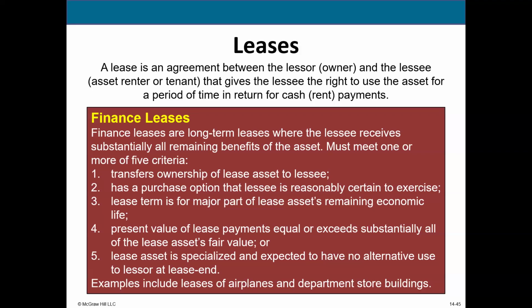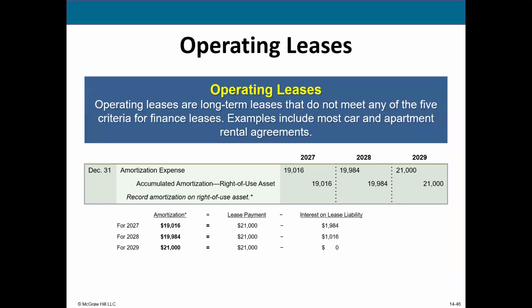The other type of lease is called an operating lease, which in simple terms means that there is no asset that changes hands at the end of the lease, meaning the landlord still owns the property, the car company still owns the car.